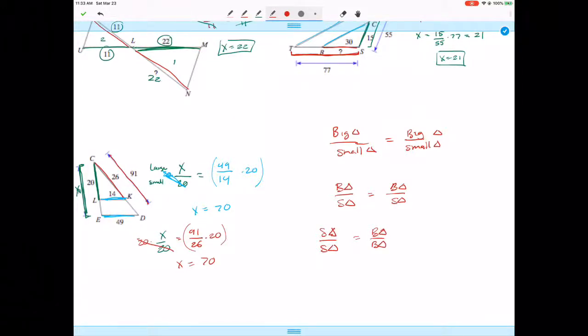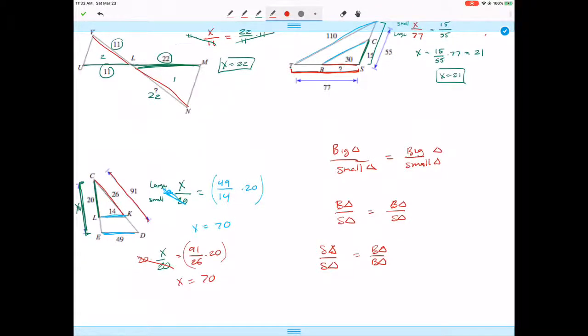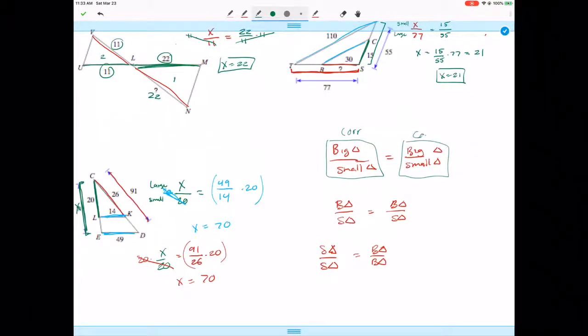Okay, and if you use them different ways, that is just fine. All right, you just need to make sure that we have the corresponding sides. So, for example, these two need to be corresponding, and these need to be corresponding. Same thing. Okay, and then here you need to make sure that these are corresponding.